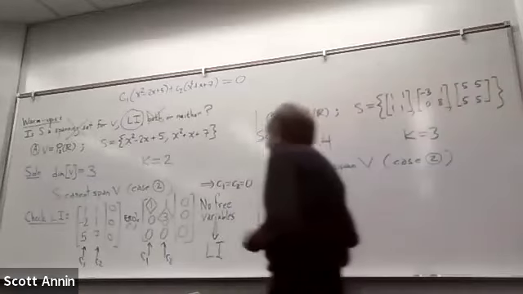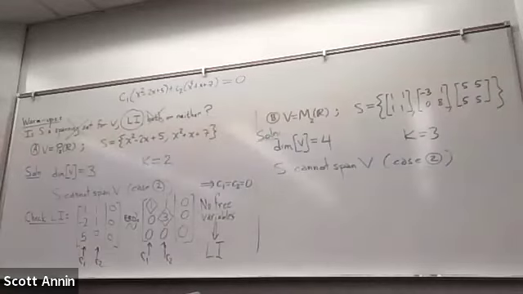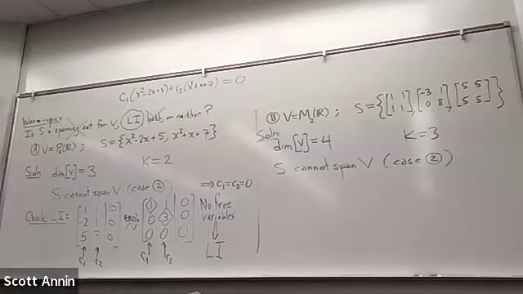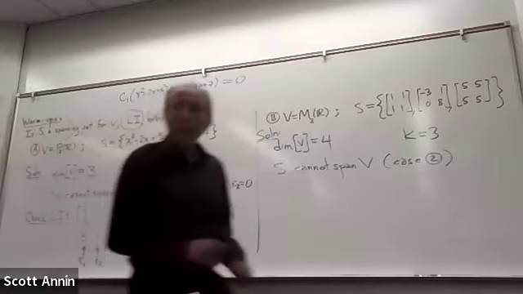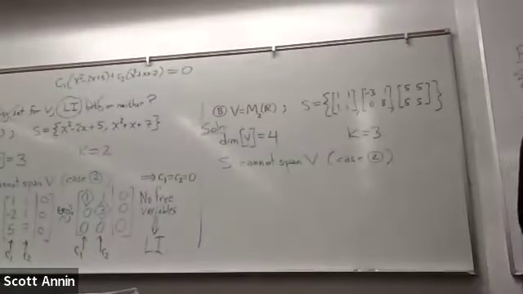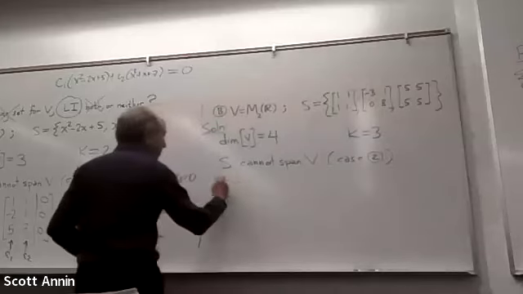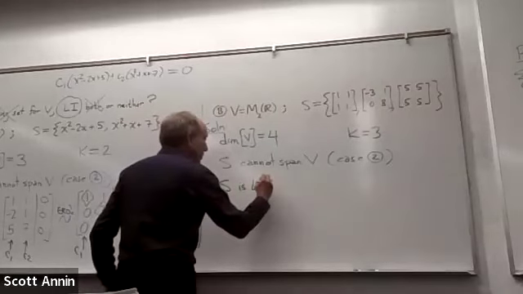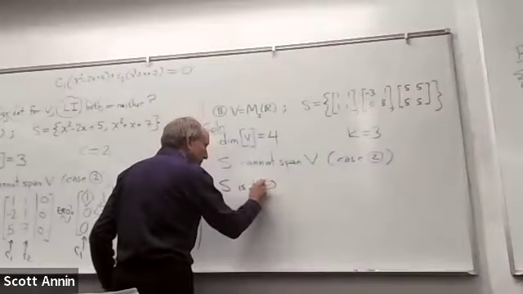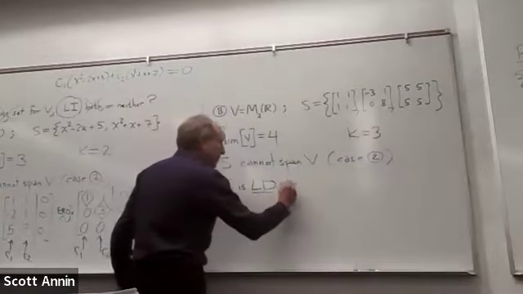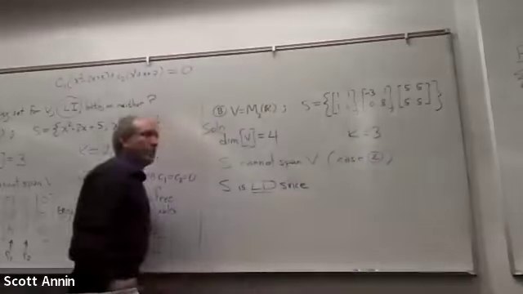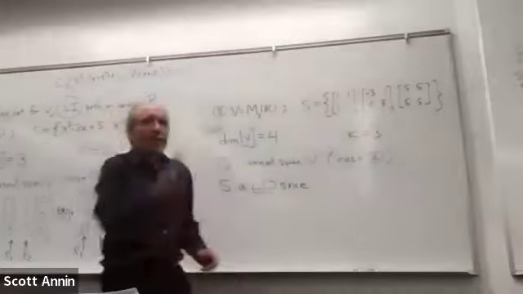And so the only question is, are the vectors LI or LD? And I'm wondering if anybody can tell me, we could set up the matrix again, but can you tell me without setting up the matrix? They have to be LD, don't they? Do you see why? S is LD since I rigged this a little bit.